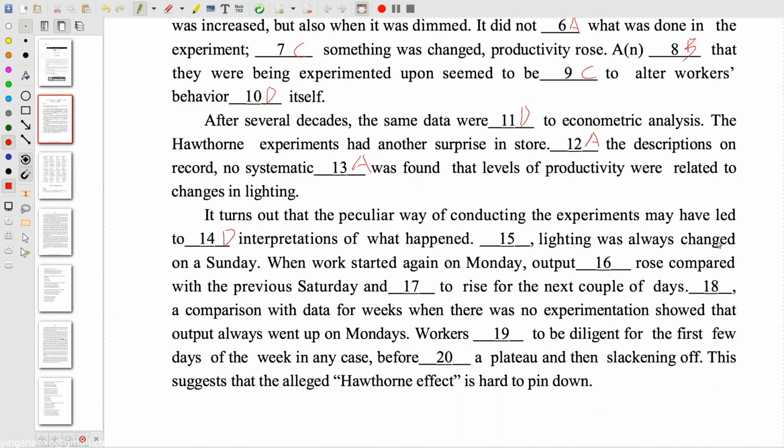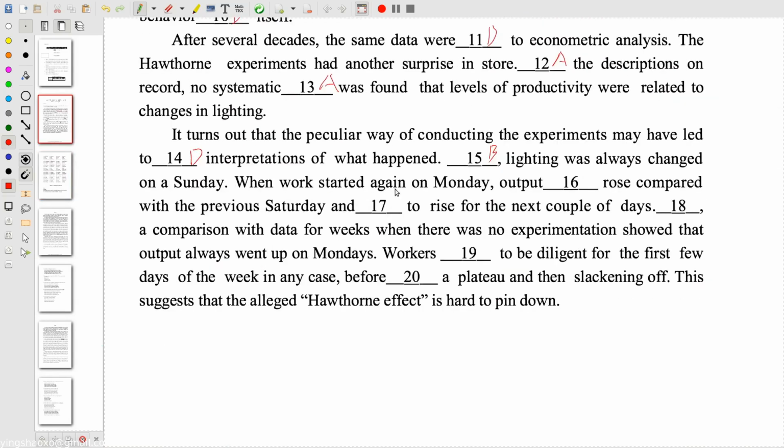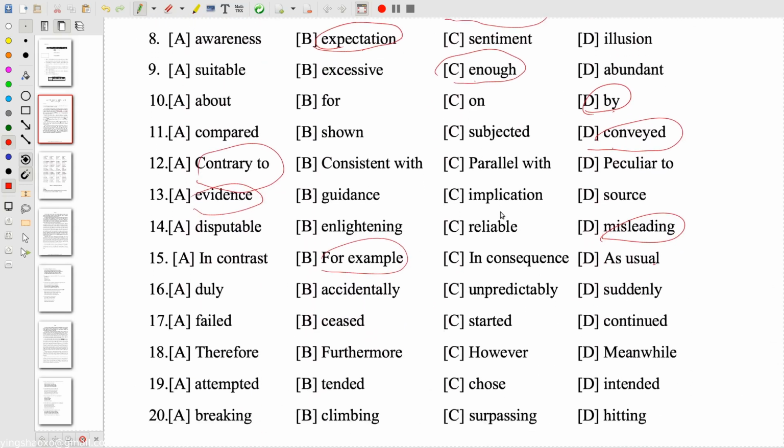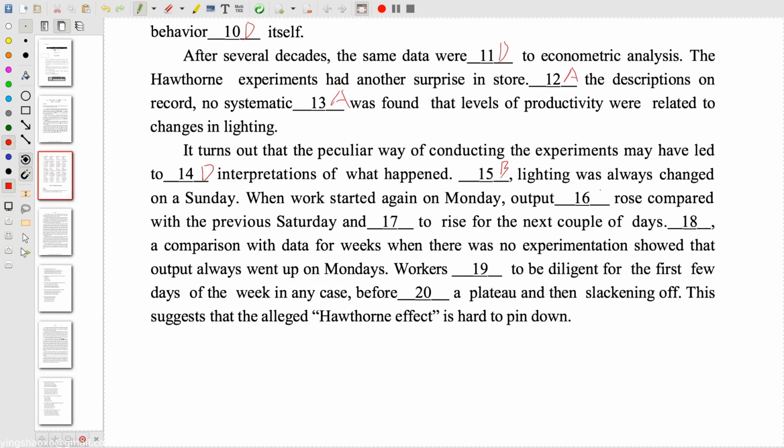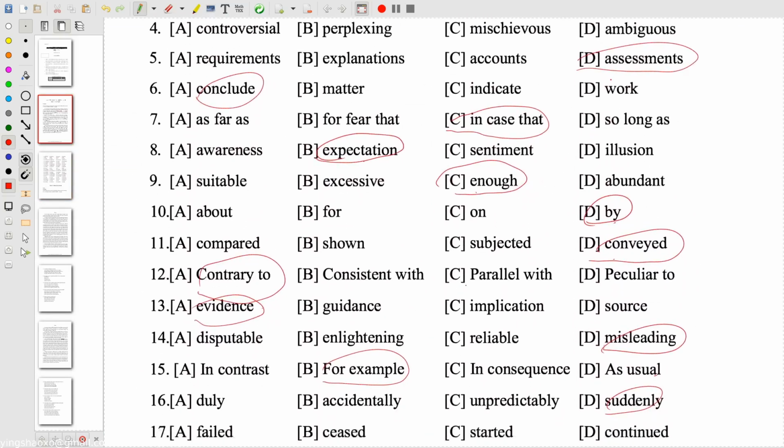And the lighting was always changed on a Sunday. It should be, for example, so I choose B. When work started again on Monday, output rose compared with the previous Saturday, and continued to rise for the next couple of days. Let's go to 16. I choose suddenly. Output suddenly rose compared with the previous Saturday and Sunday. I guess that's a Sunday. So 17.